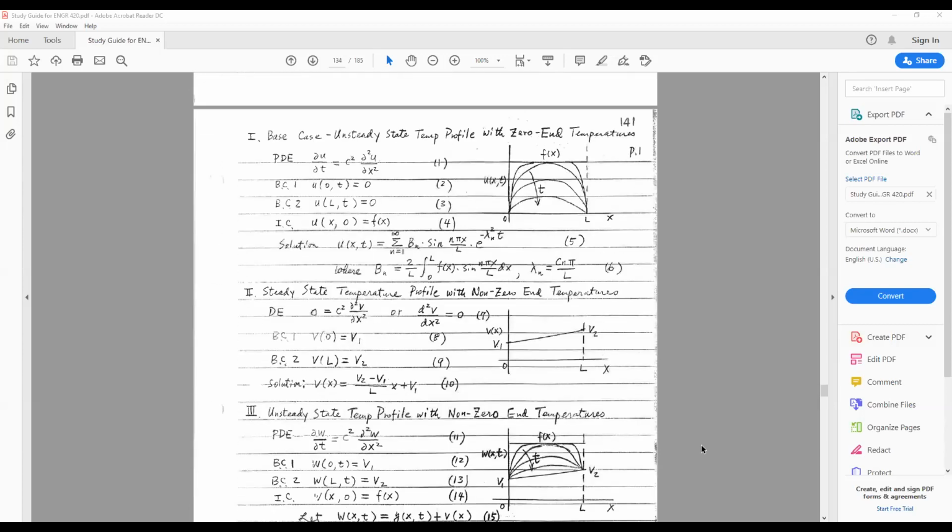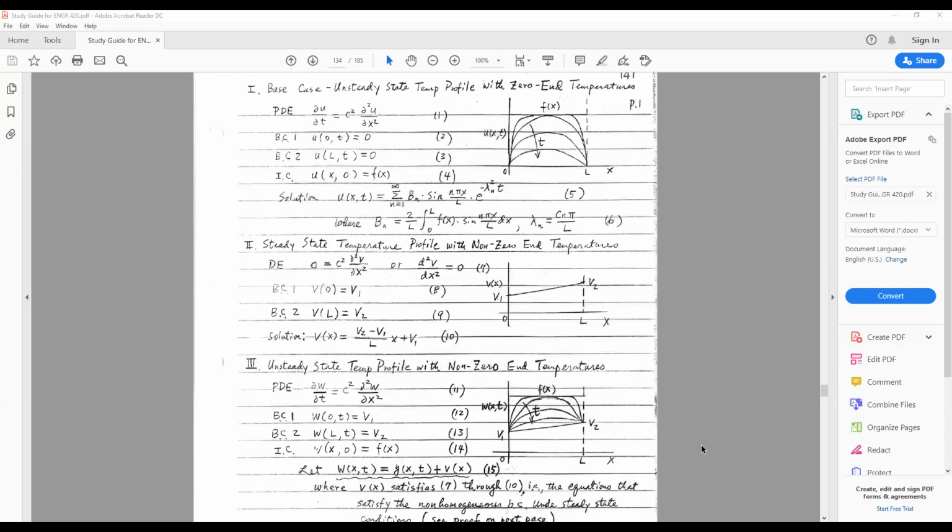Now, finally, this is for advanced students. This is also in my study guide. This has been solved. This just reproduces what I talked about earlier.